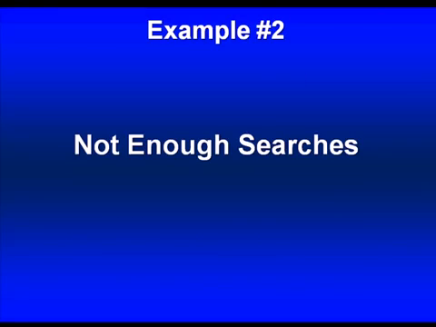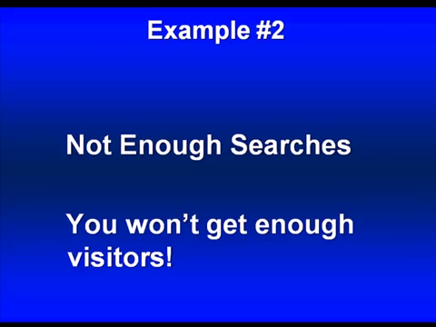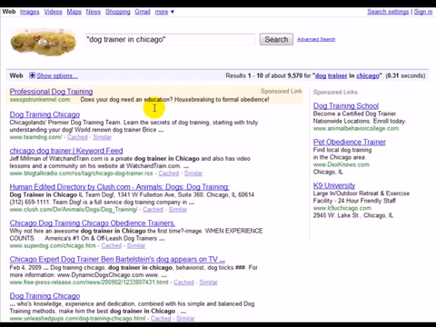Now you also want to make sure that you look at the search volume for keywords, meaning does it have enough searches? Because if it doesn't get searched for enough, you won't get enough visitors. So let's say, for example, that I call my video dog training secrets for dogs that just won't stop barking.